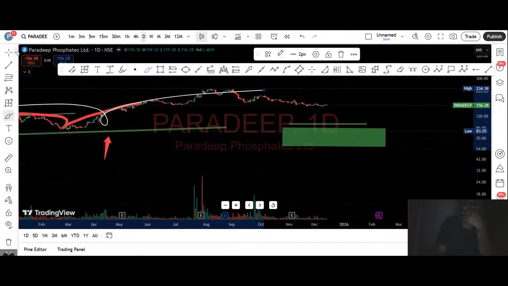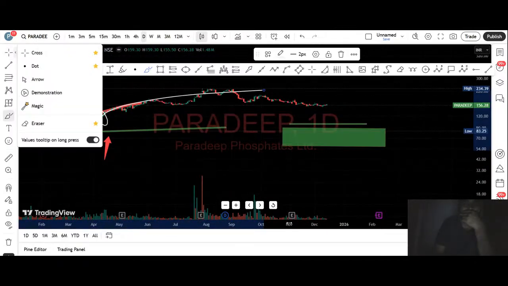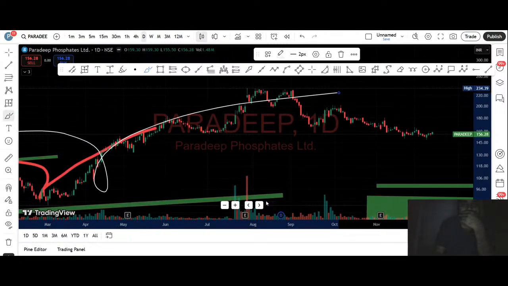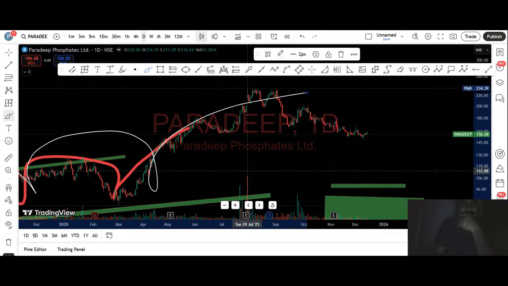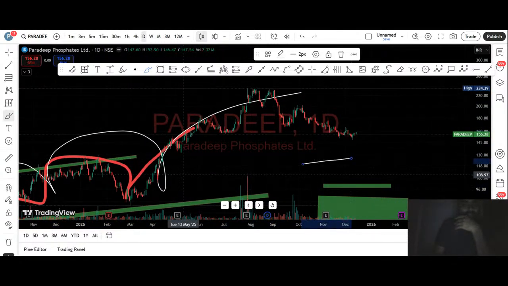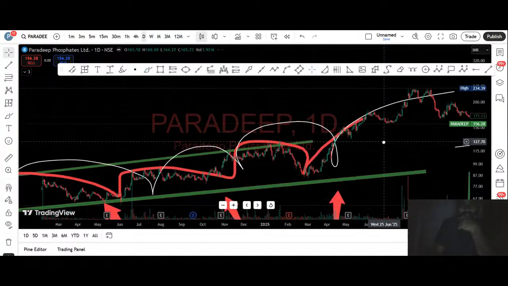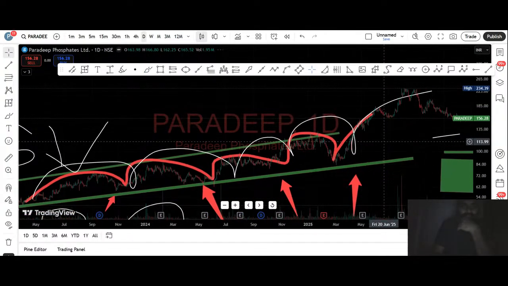When it comes to Delhi, you will understand, right? See, thereafter how big a rally happened. Then you can understand, right?